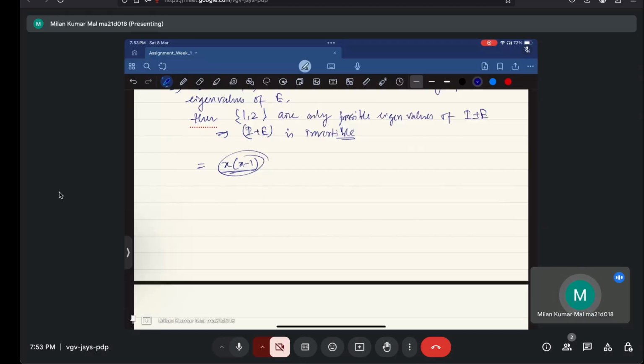So if E is diagonalizable, I plus E is also diagonalizable, and then the inverse of I plus E will also be diagonalizable, with diagonal entries 1 and 1/2 corresponding to the eigenvalues. But I will not write that here. Okay. Now we will discuss some other problem.